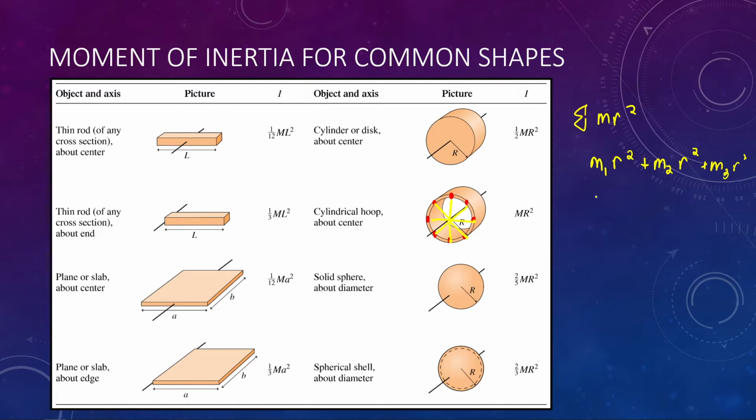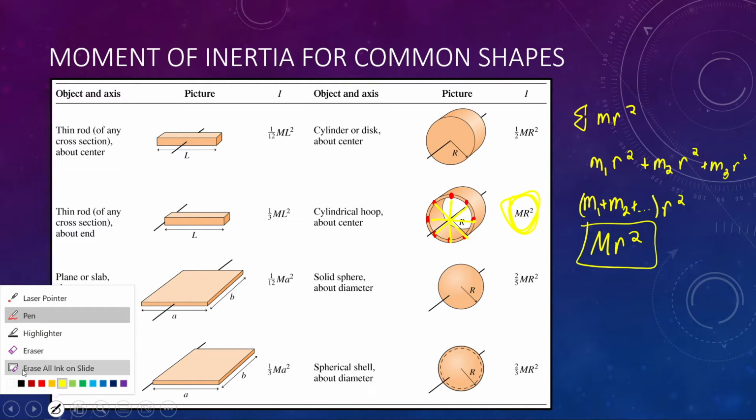So what you really end up with is a bunch of masses summed together times the quantity r squared. Well, if you sum up a bunch of masses, we can just call that a total mass m, and there's your equation, mr squared, that we use for a cylindrical hoop. So there is a way to derive these equations.